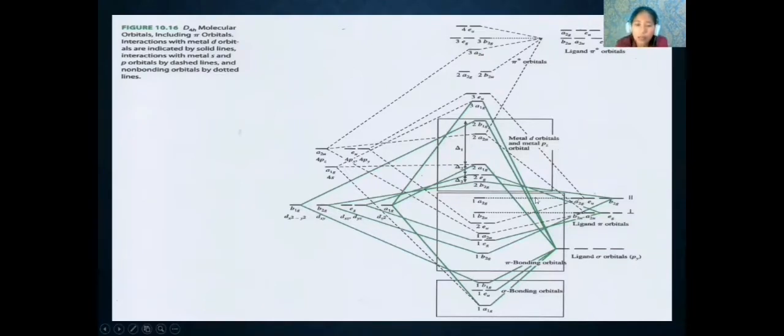So this is a combination of a pi orbital and a sigma orbital. And as you can see, it is so complex. The orbitals of the metal and the orbitals of the ligands should always be symmetrical. If they are not symmetrical, no bonding will be formed.